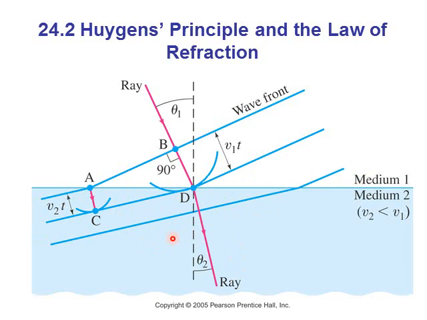Medium 2 is my lawn, and this is asphalt. And as the truck comes, the front wheels hit here first, and it slows down, and it will turn into the lawn. Just because of the way I envision this, it would be the right front tire that hits first. Well, the same thing happens with a wave front. Here's your wave front. This side hits first, and it slows down. We know that light slows in a more dense medium.